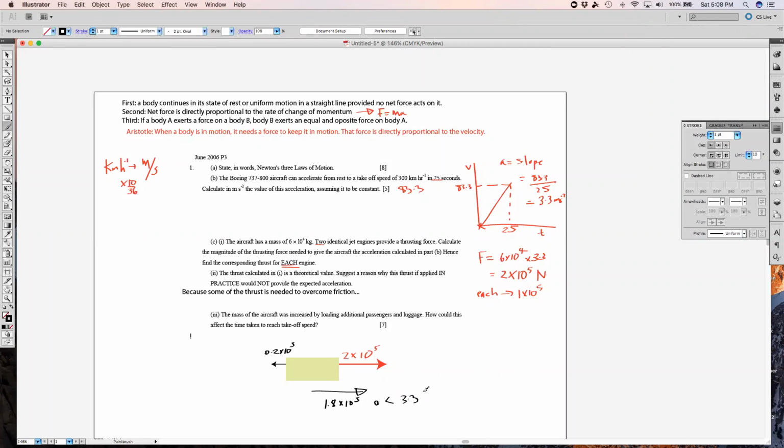If, however, this is the force acting on an aircraft and you wanted to still achieve the same acceleration, you would have to obviously increase this. You will have to increase this by exactly 0.2 by 10 to the 5. And if you do that, if you increase this by this value and this is acting in the opposite direction, you can again result in an acceleration of exactly 3.3.